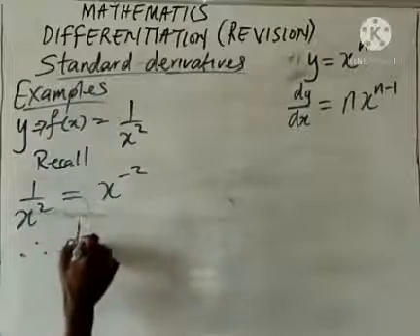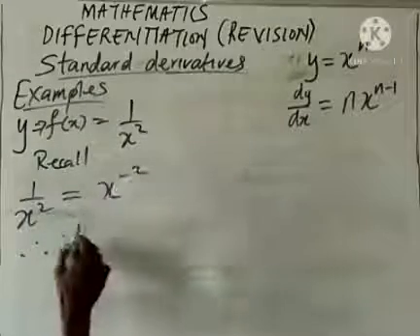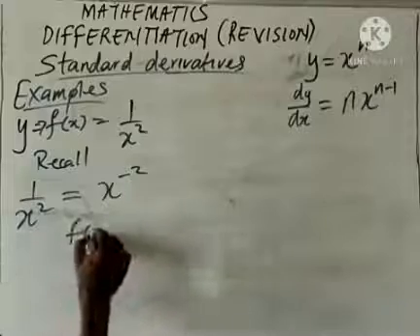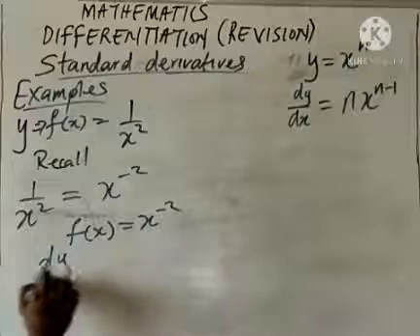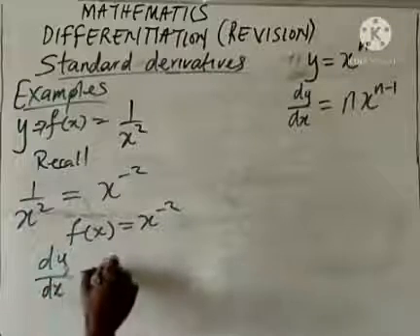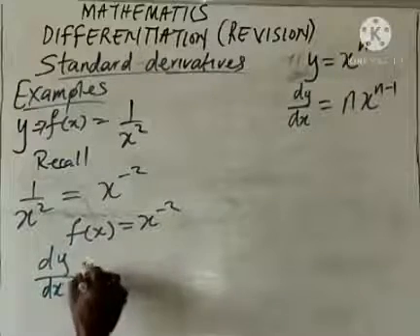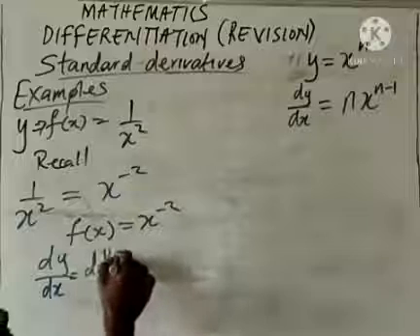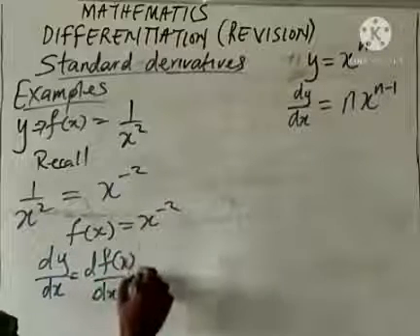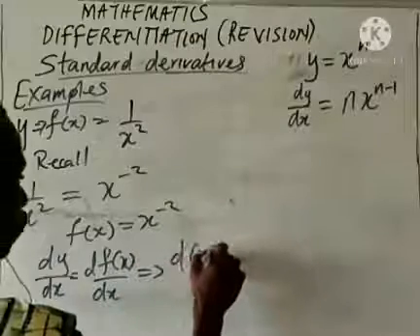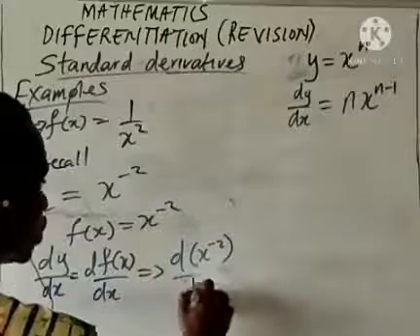So therefore, my f of x can be written as x raised to power minus 2. So here I am differentiating my y with respect to x, which implies I am differentiating x raised to power minus 2 with respect to what? Change in x.